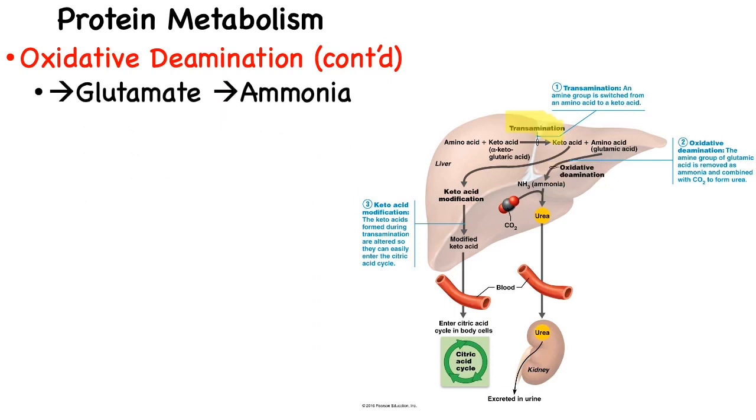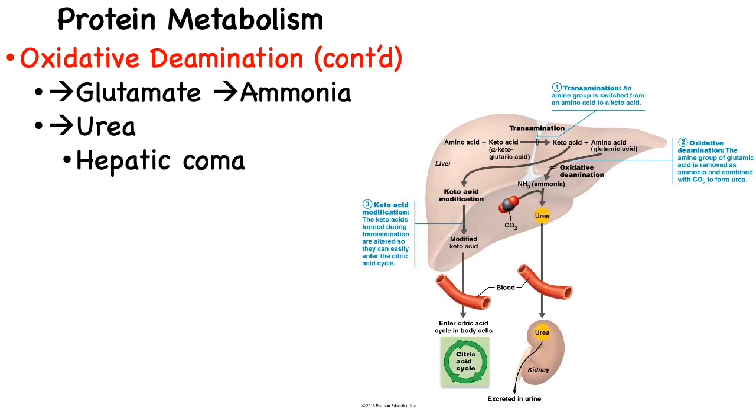The glutamate, remember, then becomes alpha-ketoglutarate. The ammonia, since it is highly toxic, is converted into urea by the hepatocytes, and carbon dioxide is required for this conversion.